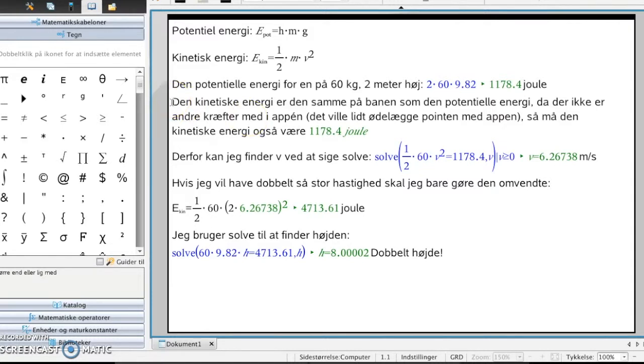Since we don't have any thermal energy and assume there's no other energies in play, then the amount of energy must be the same in kinetic energy, which would be the same number as up here. Now we can just solve it and say half times 60, because that's our weight, times velocity squared equals this.